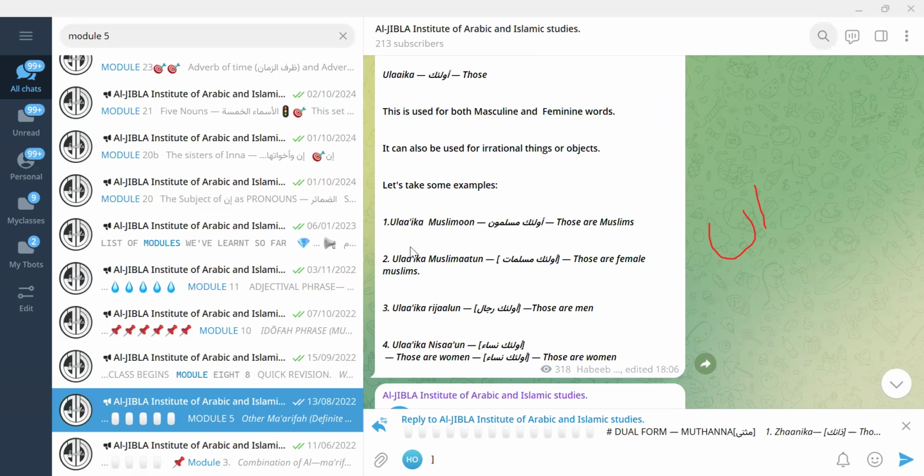Now let's take some examples. Mainly, ulaika and ha'ula are used for rational beings. Let's take note of that. So we say ulaika muslimun, those are Muslims. Ulaika muslimat, those are Muslim women. Ulaika rijal, those are men.